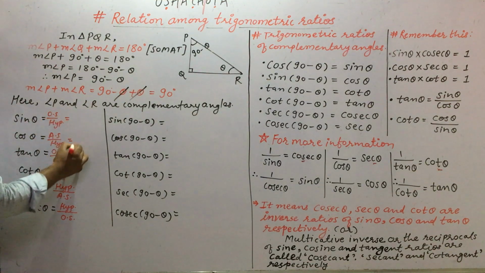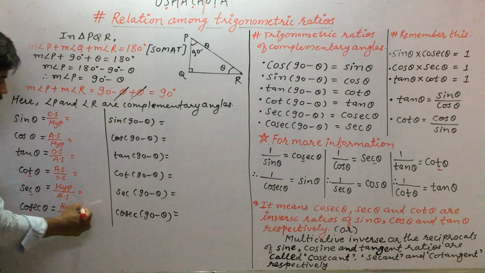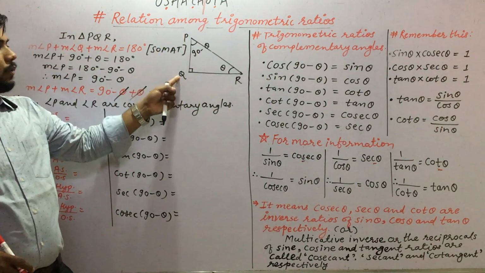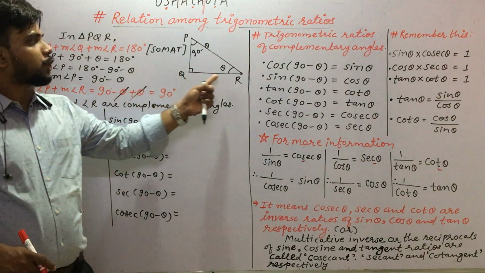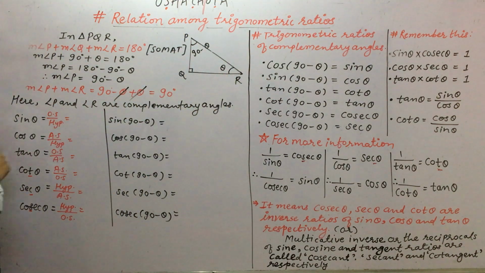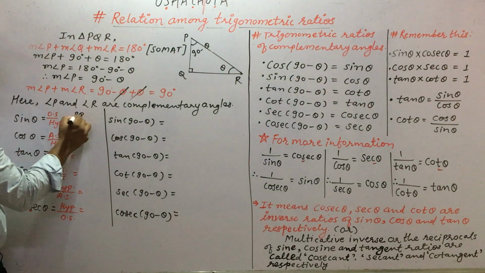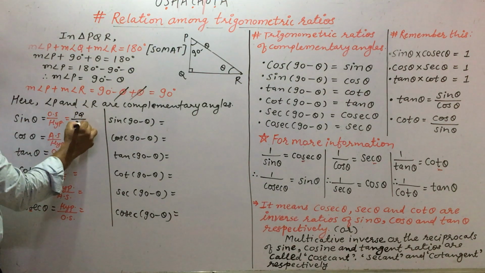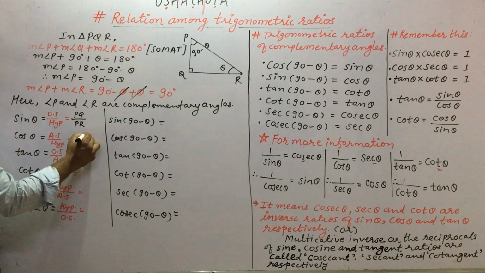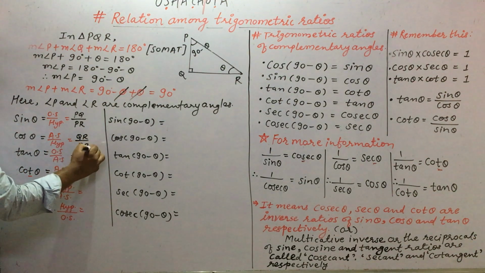Now let's write in terms of sides. For theta, the opposite side will be PQ, the adjacent side will be QR and the hypotenuse will be PR. So let's write it here. So sin is PQ upon PR. Cos is QR upon PR.